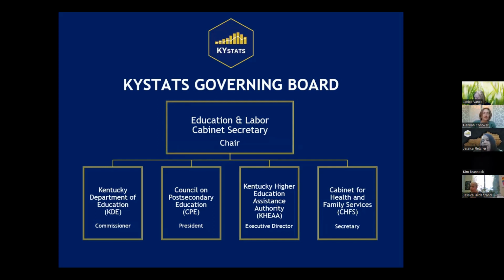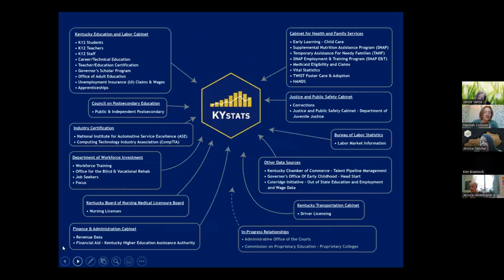Now, the newest addition to that board was the Secretary for Cabinet for Health and Family Services. And you'll see that means that we are starting to get some data outside of education and workforce.